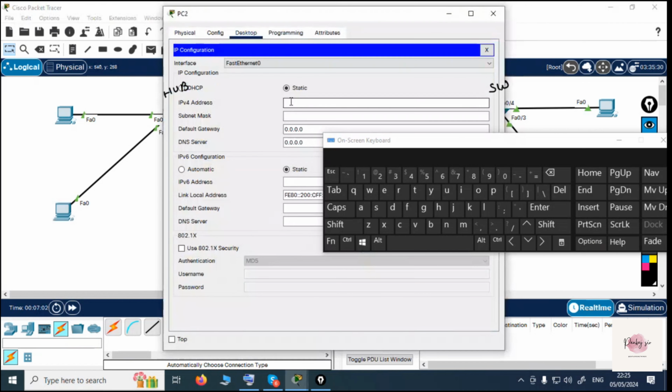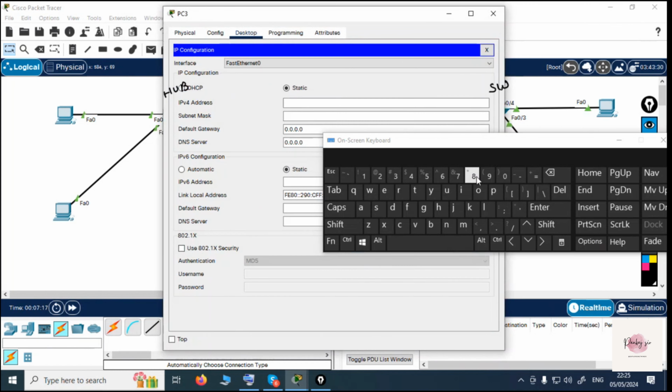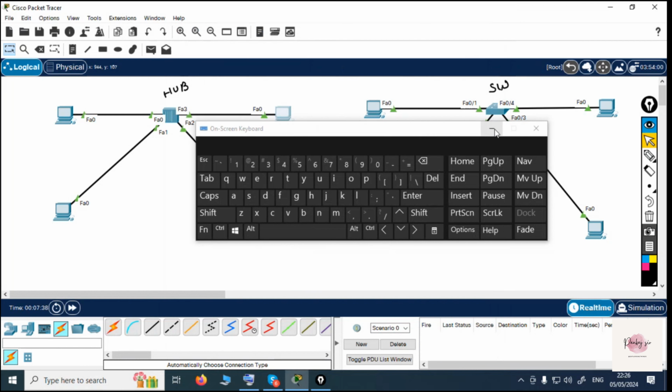Let the IP address be 10.0.0.3, and then 10.0.0.4. Okay.